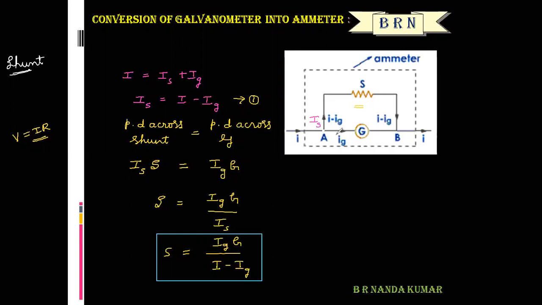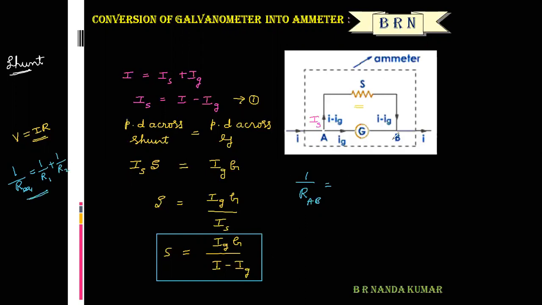So what is the effective resistance of this converted ammeter? That is very important. The effective resistance across AB: actually here two resistors are connected in parallel. If two resistors are connected in parallel, the reciprocal of the equivalent resistance is equal to the sum of the reciprocals of the individual resistances.